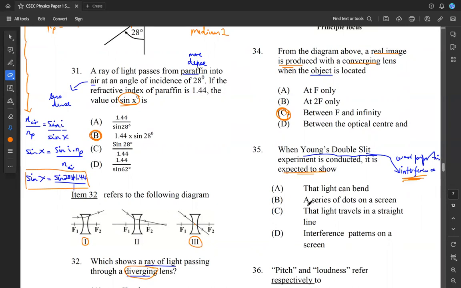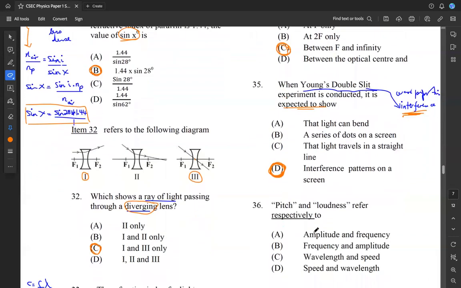It's expected to show interference patterns on a screen. That's the whole point of Young's double slit experiment. We're going to see regions of bright fringes and regions of dark fringes, and those are called interference patterns, okay? So our answer for 35 then is D.